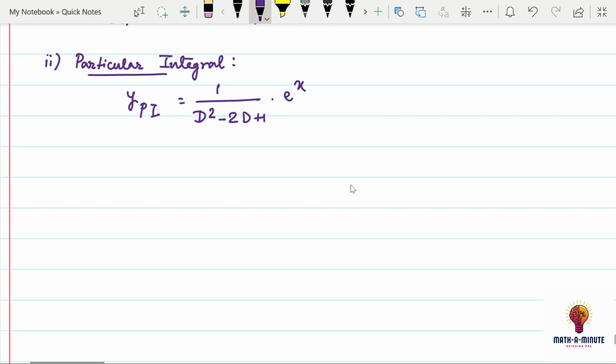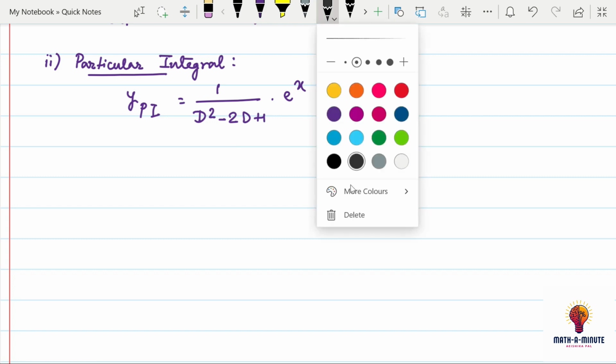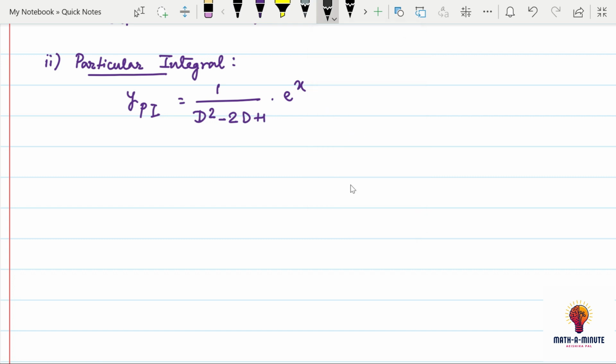Now, if we calculate f of a, here the value of a is 1. Our f of D is D squared minus 2D plus 1. If we put 1 here, it will be 1 minus 2 plus 1, so this value is 0.